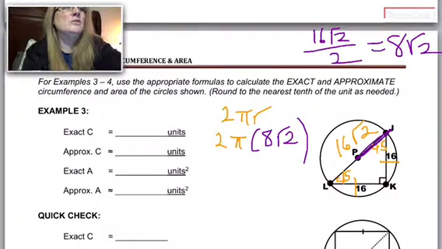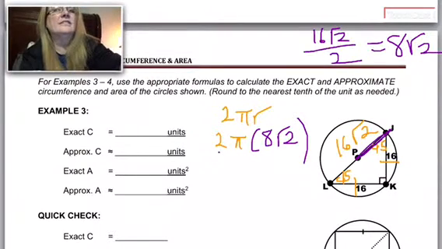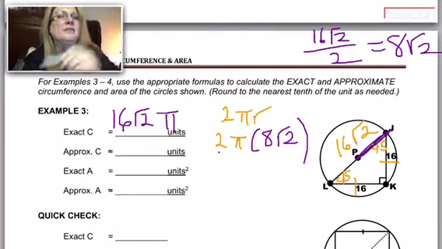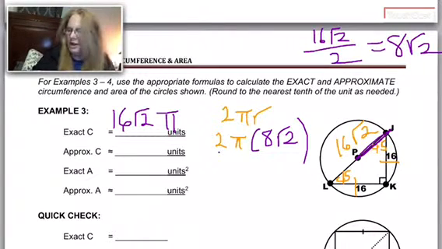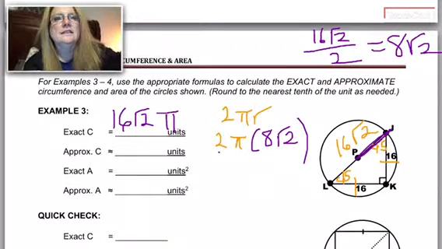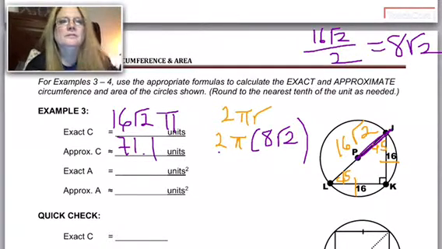You're going to multiply 2 times 8, and you're going to get 16 square root of 2 pi. We can put that in our calculator and get an approximate. That's 71.1.